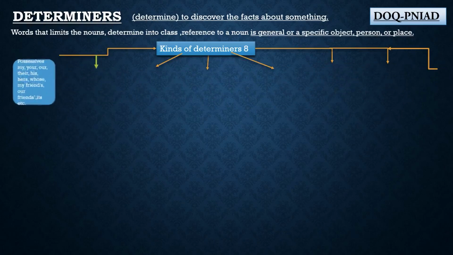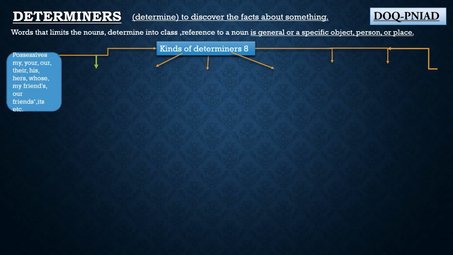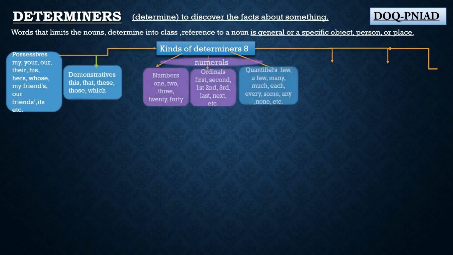Possessives: my, your, our, their, his, hers, whose, my friend's, our friend's, its, etc. The demonstratives include this, that, these, those. From the numerals part, we have three kinds, already clubbed into one group called numerals, and the segregation is numbers, ordinals, and quantifiers.